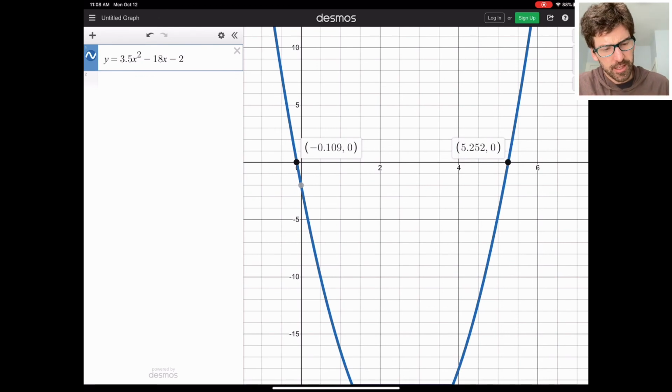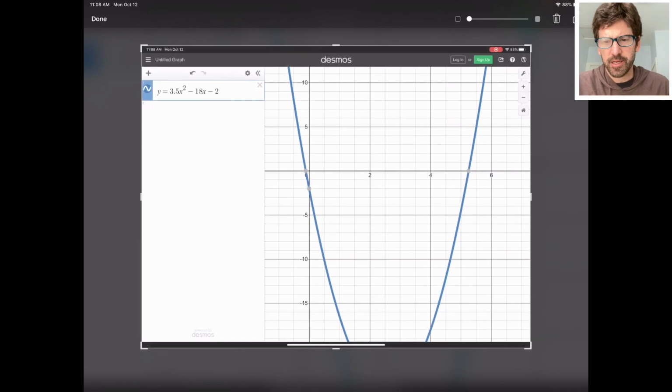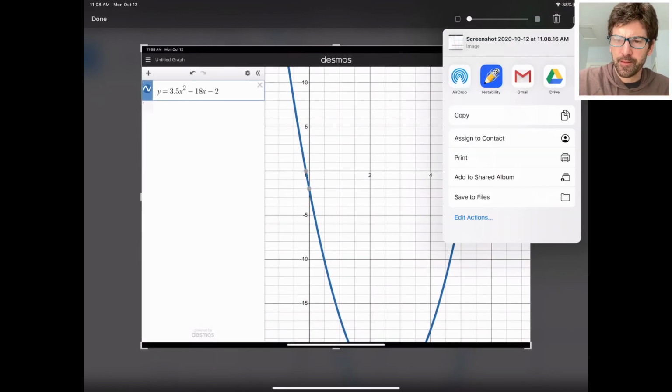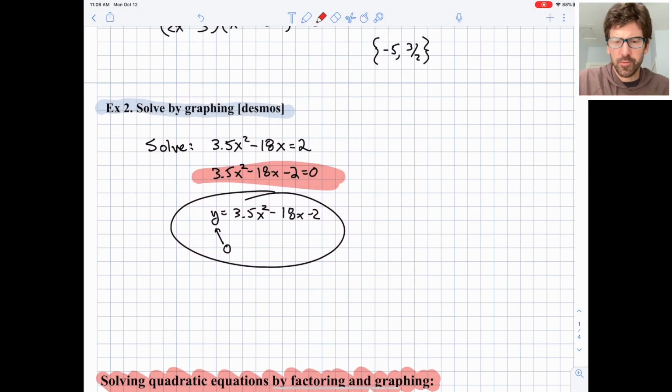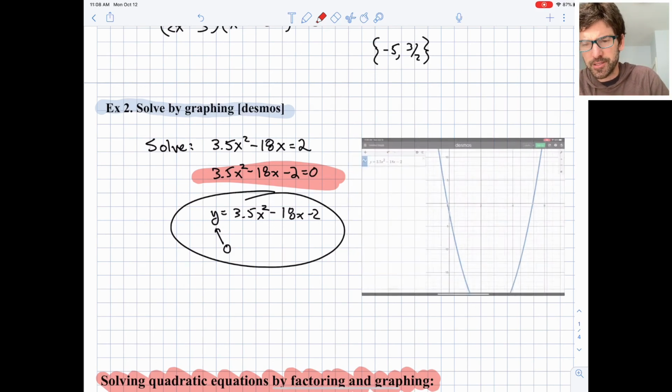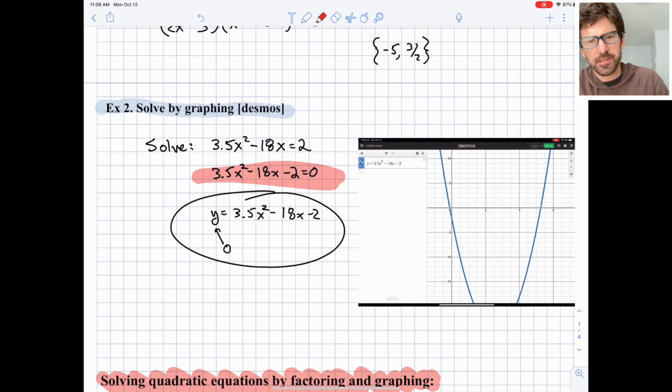Let me go ahead and copy and paste that image back into my Note app. Once we paste that in, you'll see that these are our two solutions. The two solutions are right here and right here.